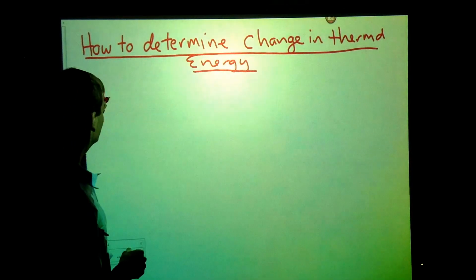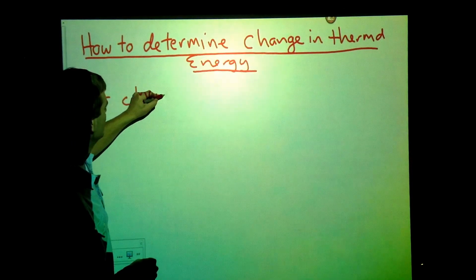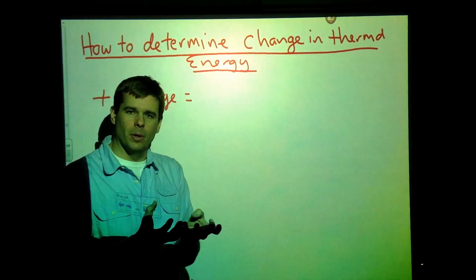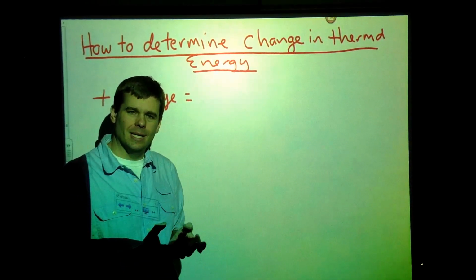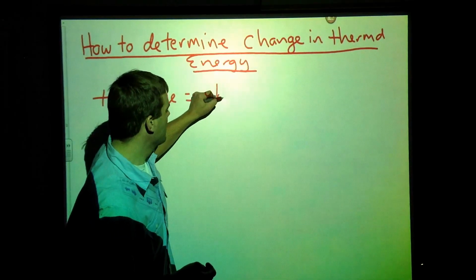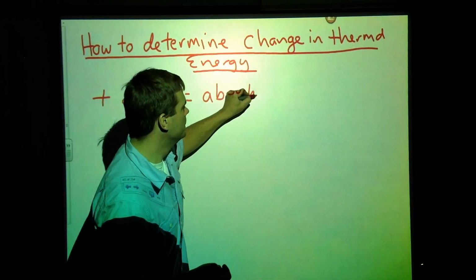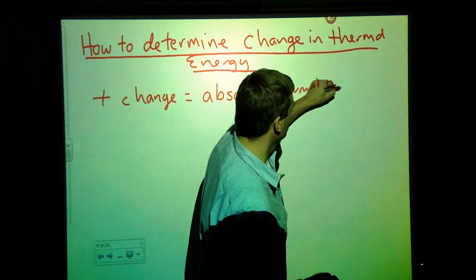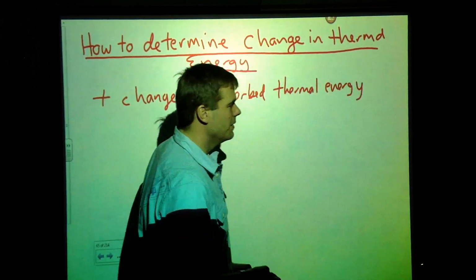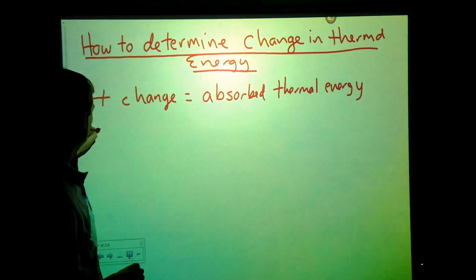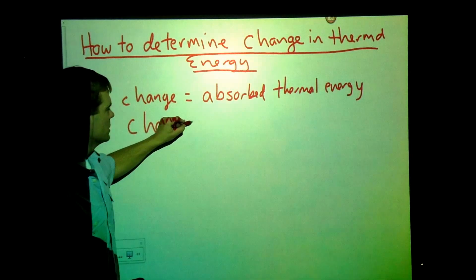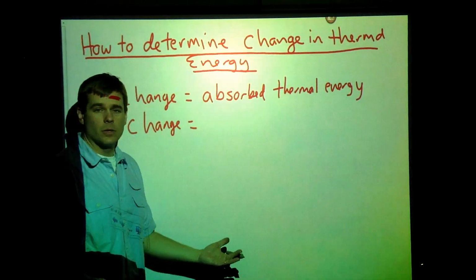If it is a positive change, what that means is your substance absorbed thermal energy, or it increased in heat. If it's a negative value, a negative change, then that would mean that your substance lost thermal energy.